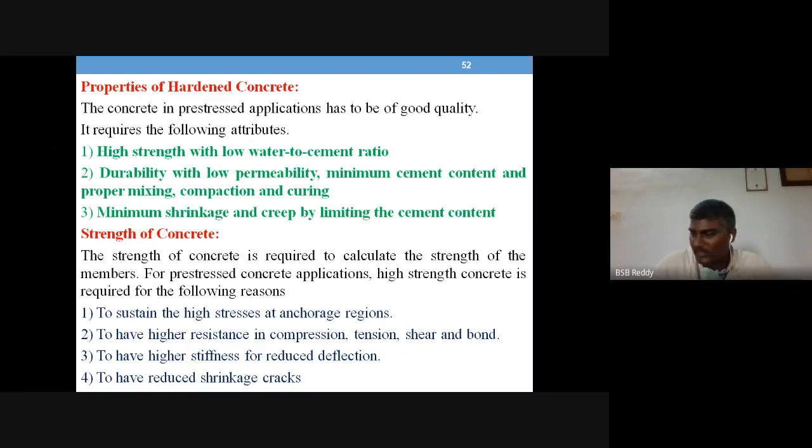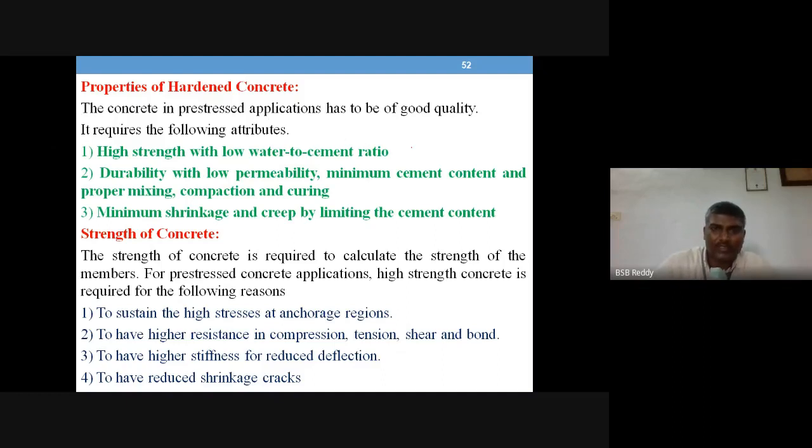So these are the basic requirements of the different ingredients which we are going to use in pre-stressed concrete. That is to introduce to you the constituents of concrete which we come across when we prepare pre-stressed concrete. Right, let us see the properties of hardened concrete now.